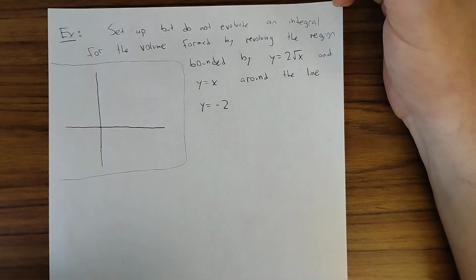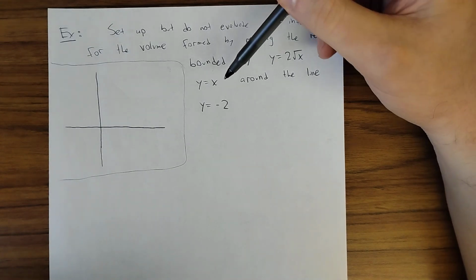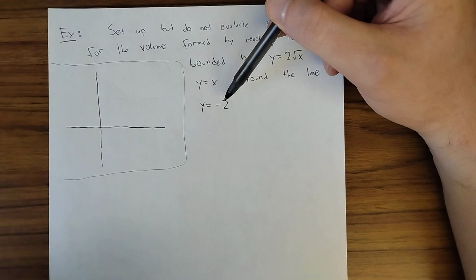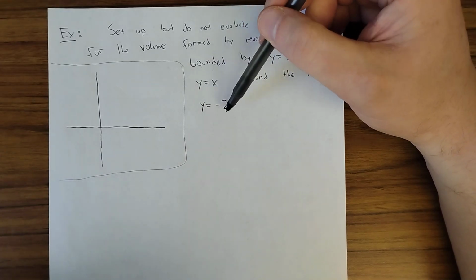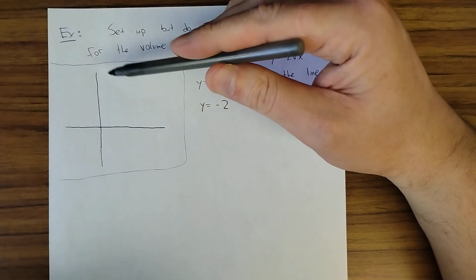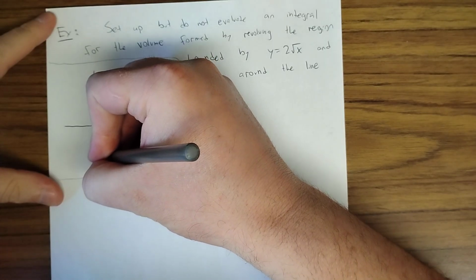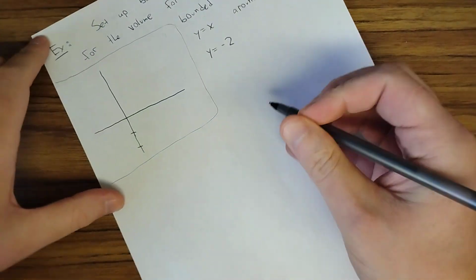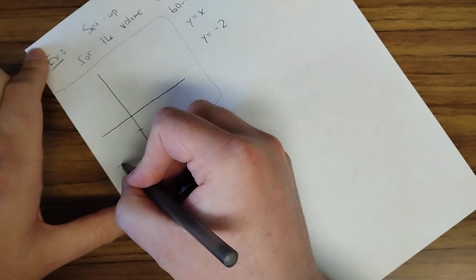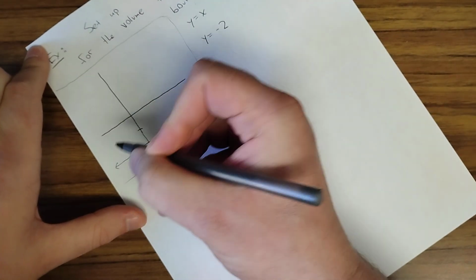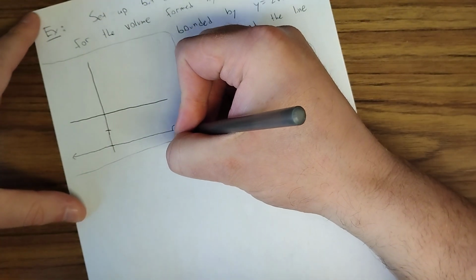One other thing to notice about this one is that I'm revolving it around the line y equals -2. In the examples that we've done so far, and in the derivation that I showed you, we were always revolving it around either the x-axis or the y-axis. But now I'm revolving it around a horizontal line, and that's always going to be the case for the examples that I give you, either horizontal or vertical.